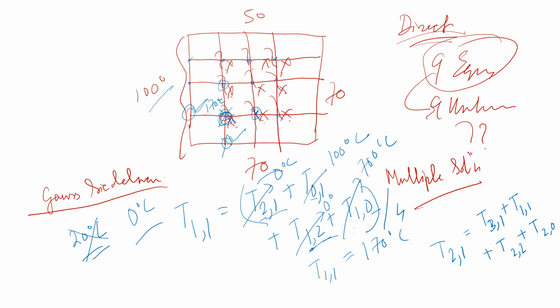So this T31 is this point. This is at 0 degrees centigrade. T11 we have calculated to be 170 degrees centigrade.